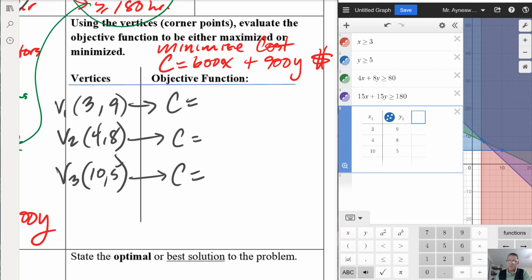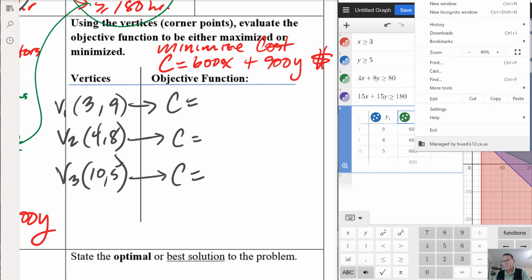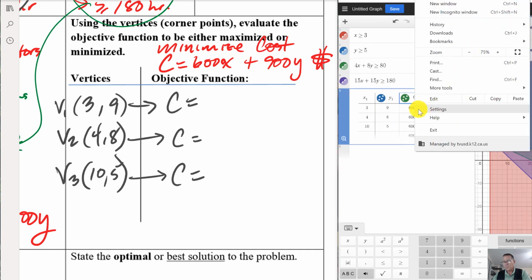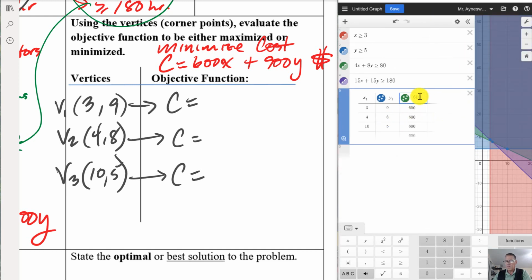Then put in your cost function, 600 times x1 plus 900 times y1. It calculates everything for you, and notice it gives you the cost right here.